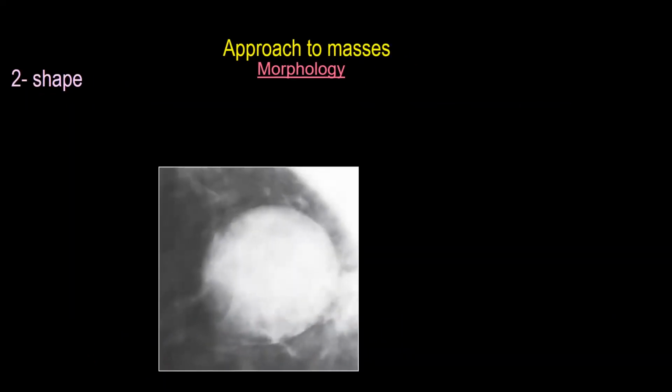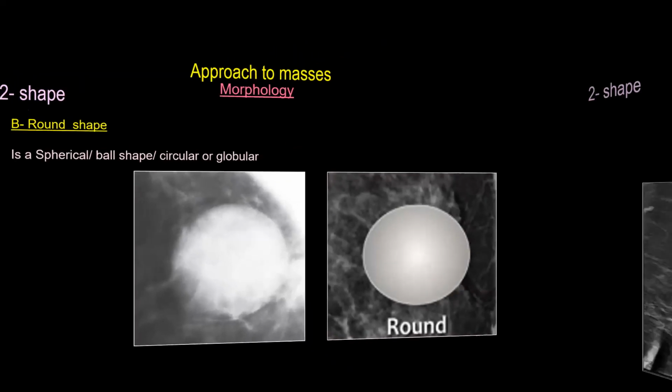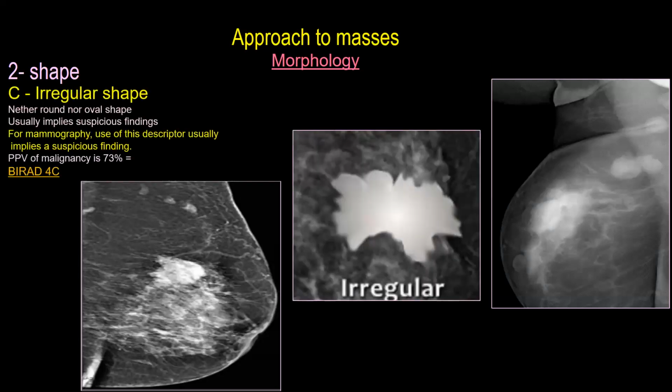This one is obviously globular, spherical, or the round shape. This is the round shape. And here, this one. Is it oval? No. Is it round? No. If it is not round or oval, that means it is not regular. Then we consider it as irregular.